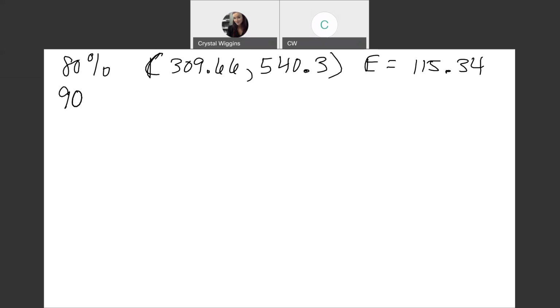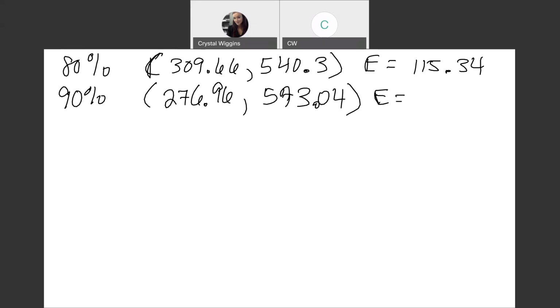For our 90% confidence interval, we were looking at 276.96 with an upper limit of 573.04 with a margin of error of 148.04 pounds.